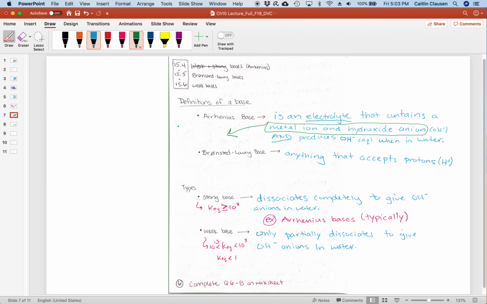This is going to be an ionic compound. So solubility rules apply here and could help you figure out whether or not something's going to give off an OH minus if you put it in water.